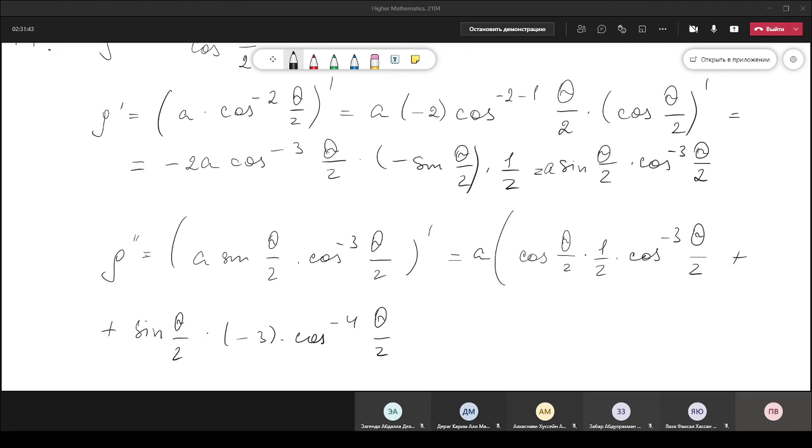Beta over 2 times derivative of cosine is minus sine, and derivative of argument of sine, beta over 2, is 1 over 2.